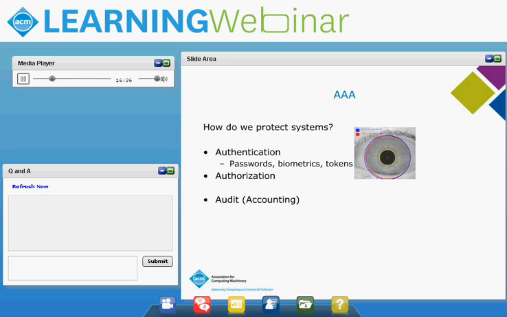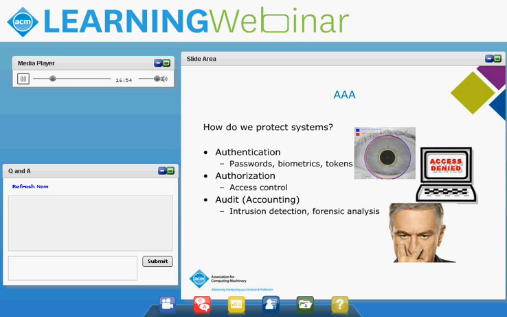Authorization is another part of our toolkit. How is it that we can determine that, yes, you are allowed to actually access what it is you're accessing? So the access control part of it. How do we know that you have that right to see that? And then there's audit.